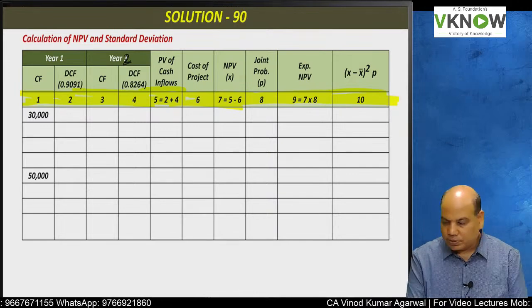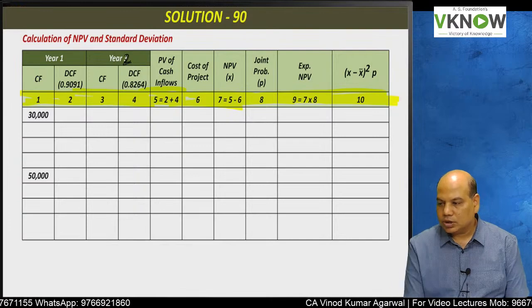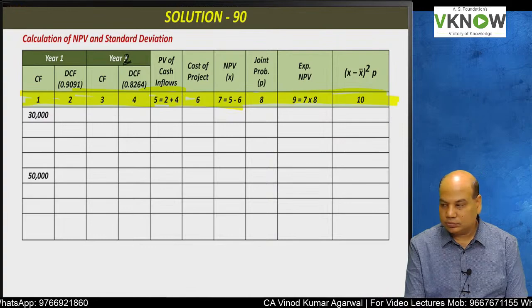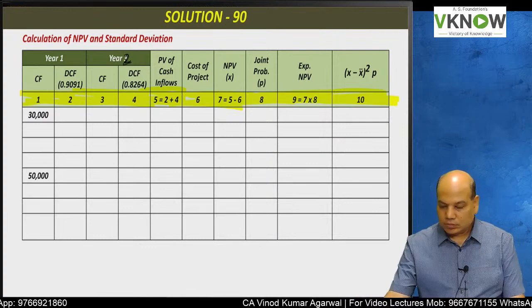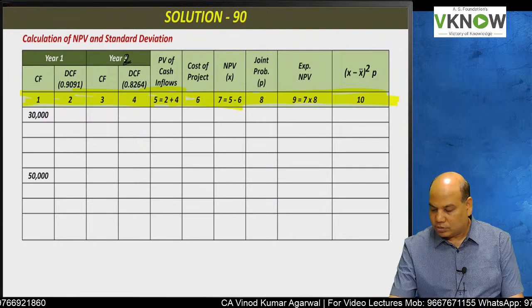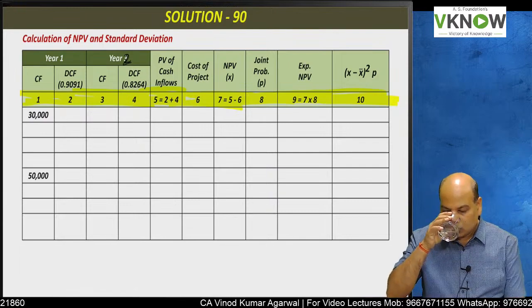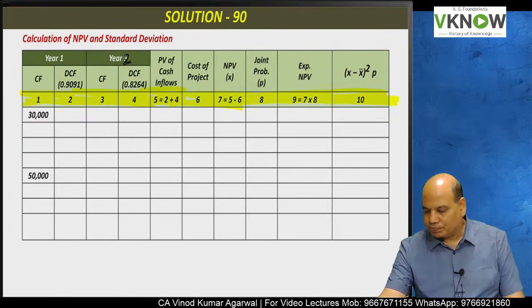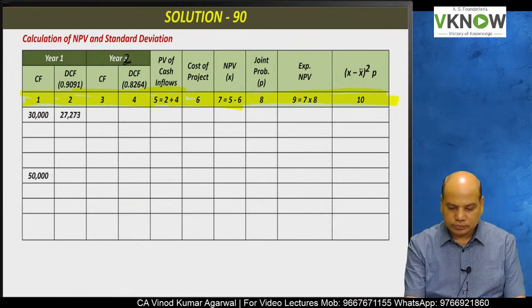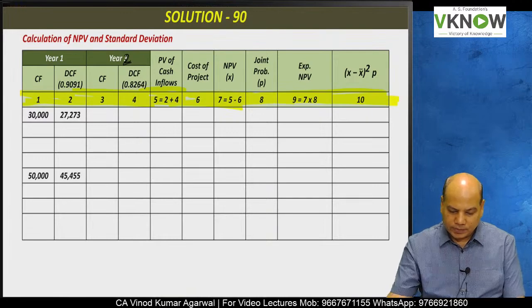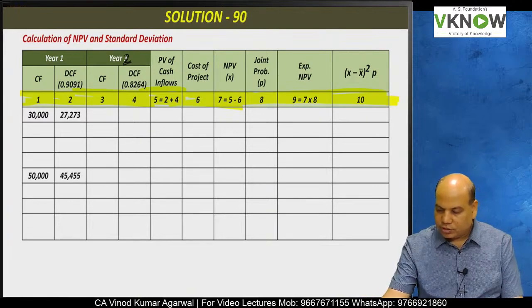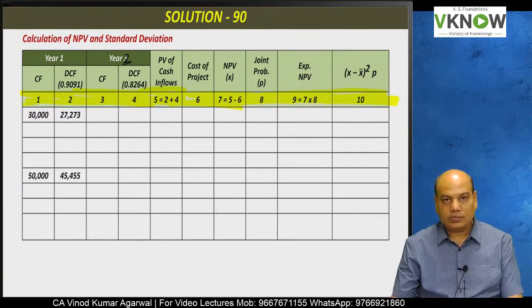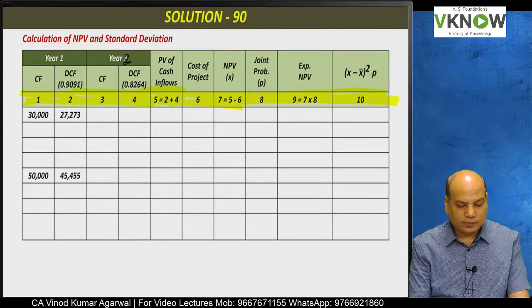Then compute the present value: 30,000 into 0.9091, $27,273. 50,000 into 0.9091, 45,455.